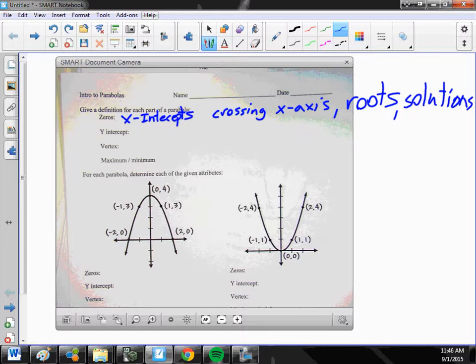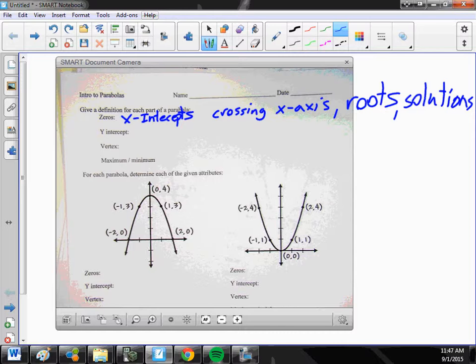But they all mean exactly the same thing. So if I say the equation has 3 roots, that's the same as saying it has 3 zeros. I will just use all of those words interchangeably, and you just have to remember that they all mean the same thing.